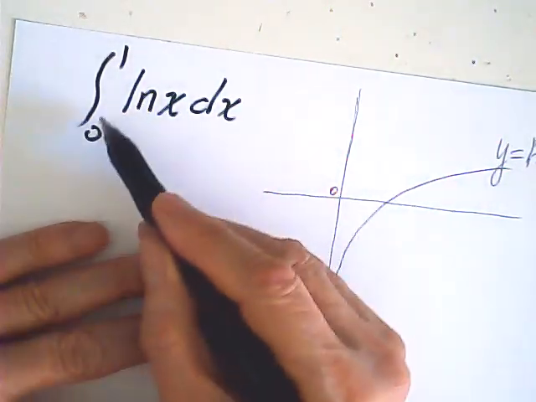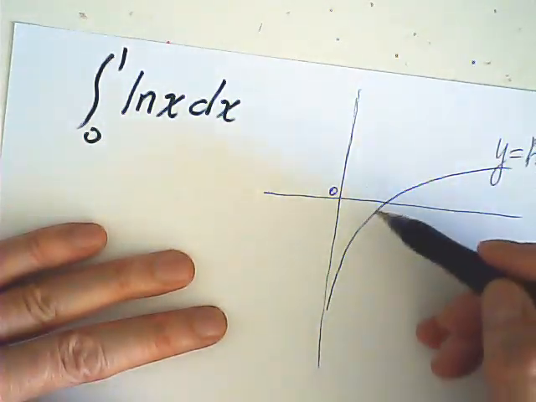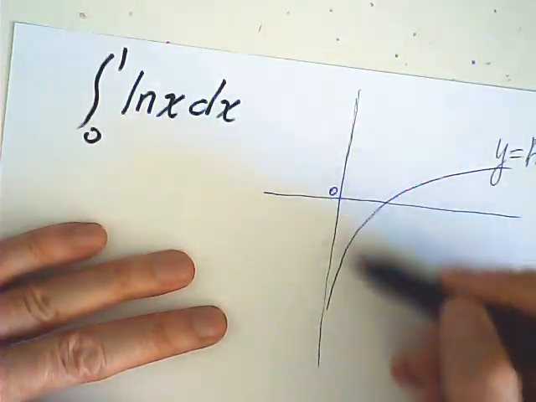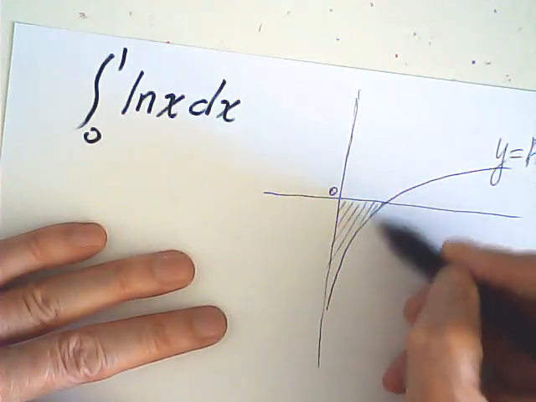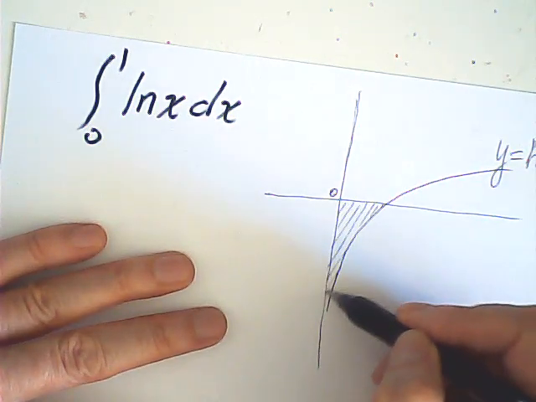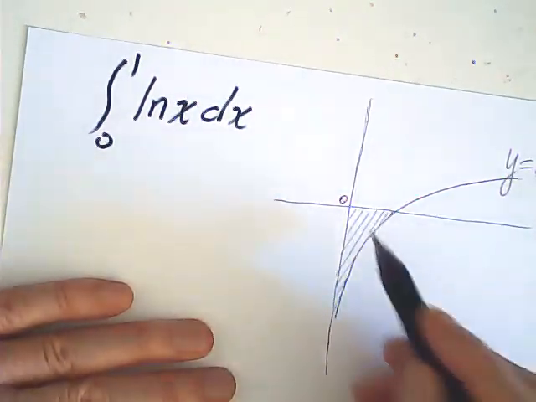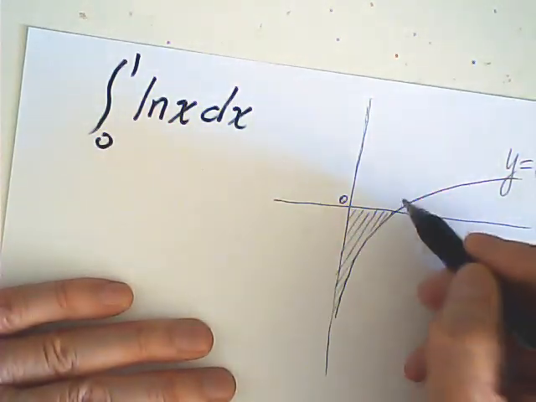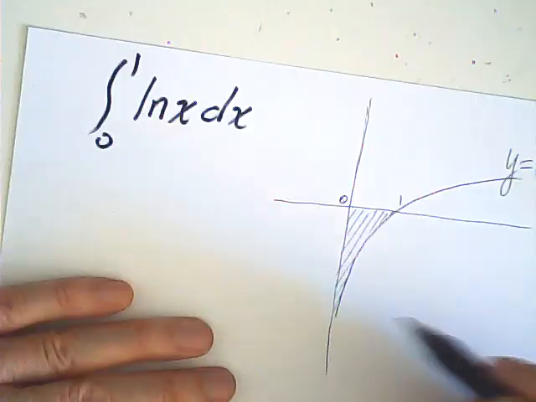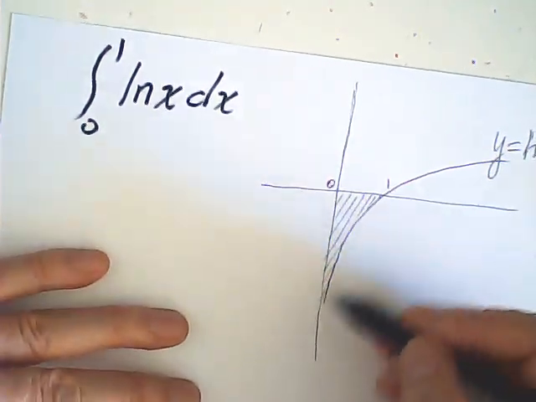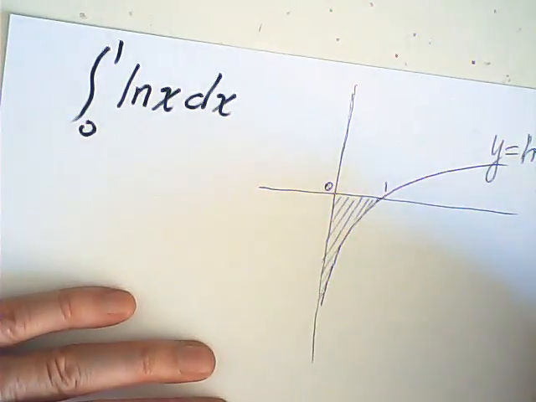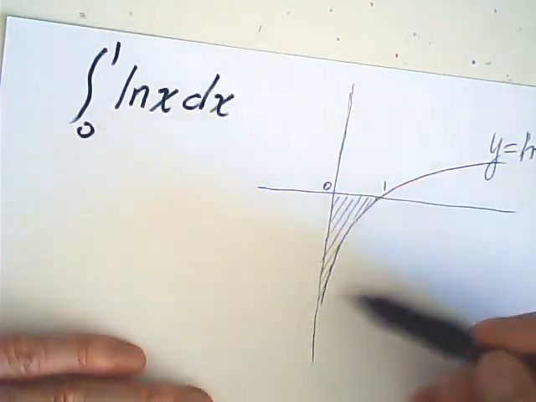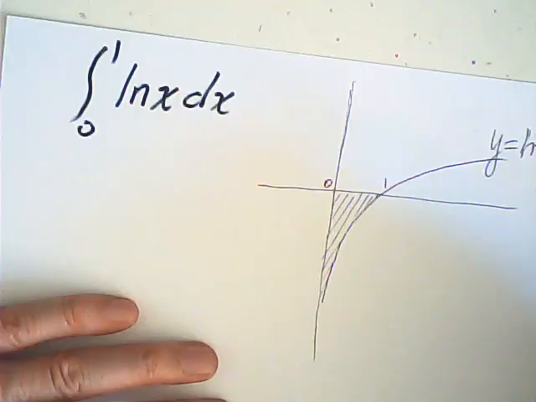This area is under this curve, which is negative, from 0 to 1, and the region is not closed. So this is improper integration, but it's convergent.